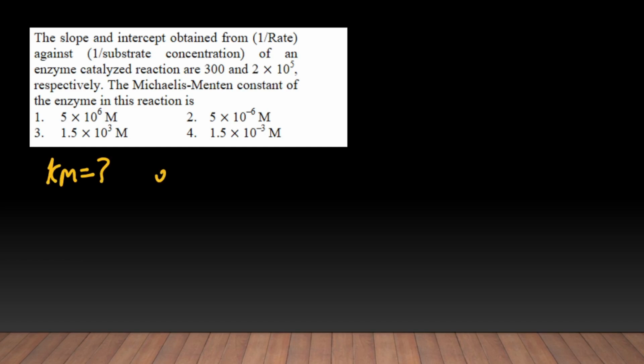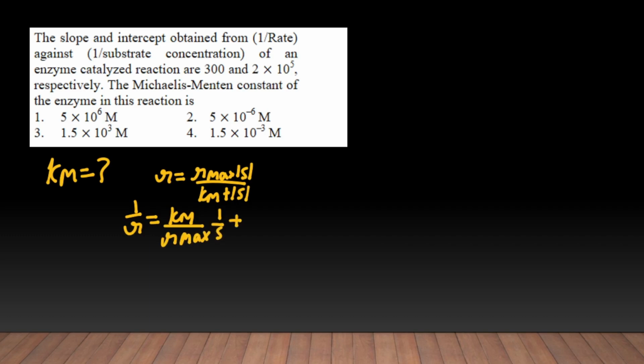For the enzyme catalyzed reaction, rate is equal to Rmax into S upon Km plus S. 1 by R will be equal to Km upon Rmax into 1 by S plus S upon Rmax into S. This S and S get cancelled out. So this will be equal to Km upon Rmax into 1 by S plus 1 by Rmax.